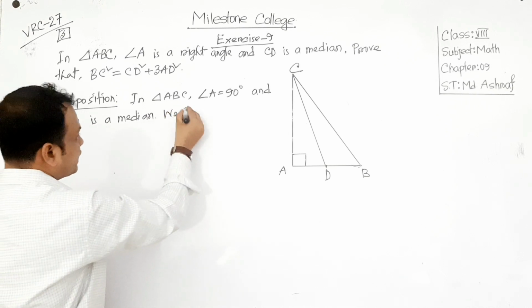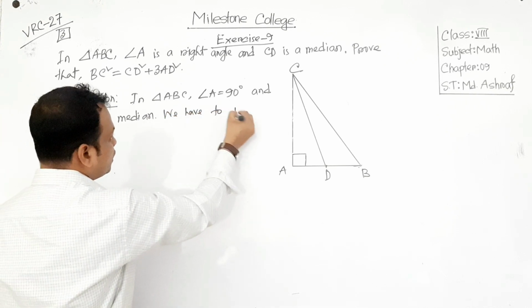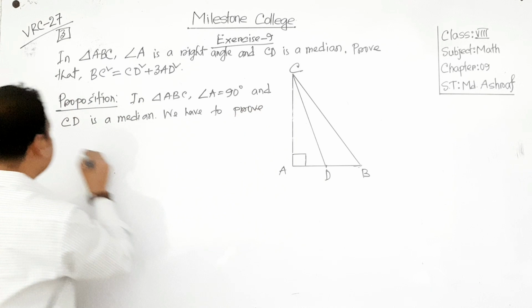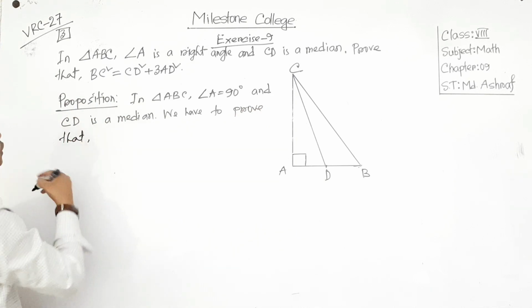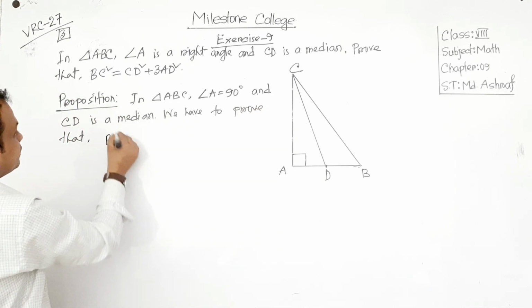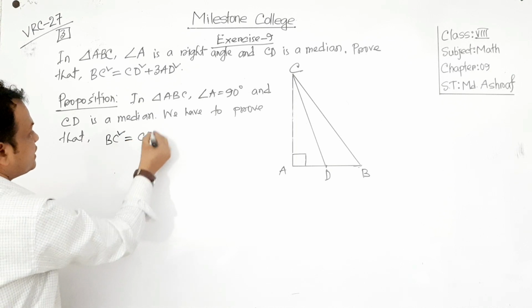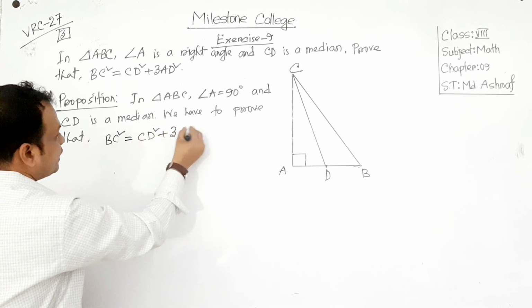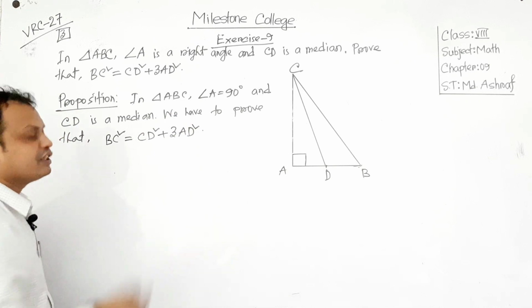We have to prove that BC square equals CD square plus 3AD square. So this is the thing we have to prove.